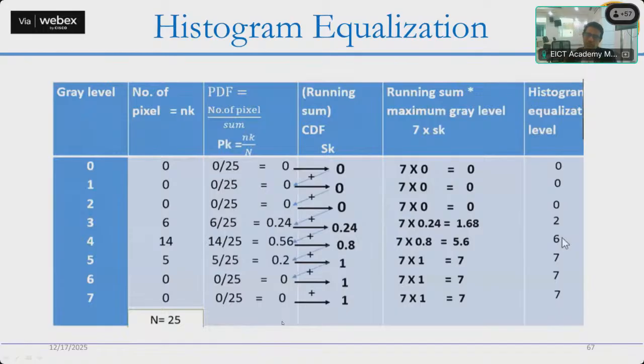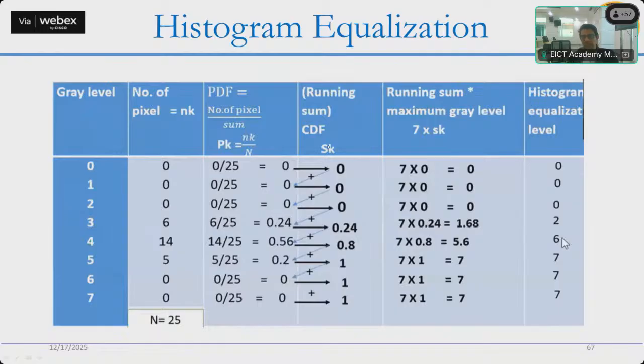We will get basically the percentage. So it is 0.24, 0.56, and then 0.2. Remember, the probability distribution function will always add up to 1.